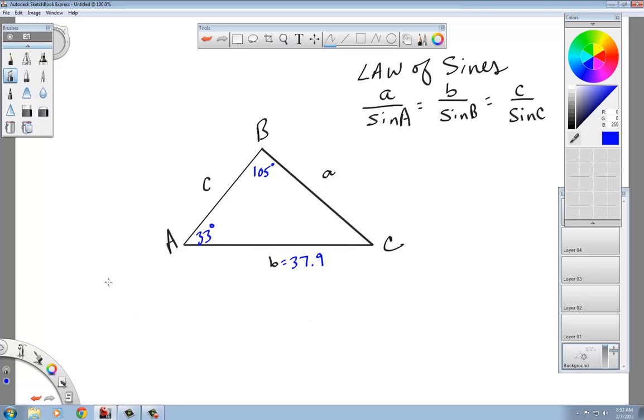And what the directions are going to say on these problems is solve. It's going to say something like solve triangle ABC. And if you're doing that, what that means is you have to find angle C, little a, and little c. So there's three parts to this.